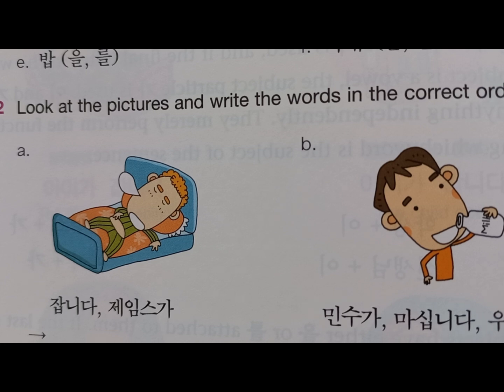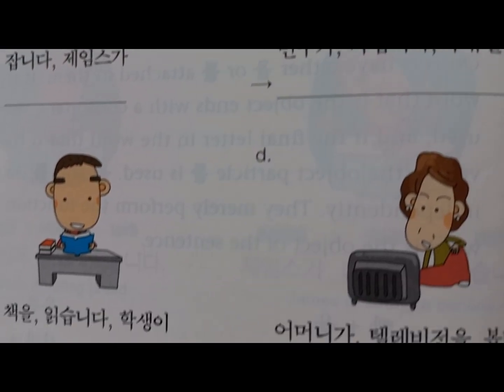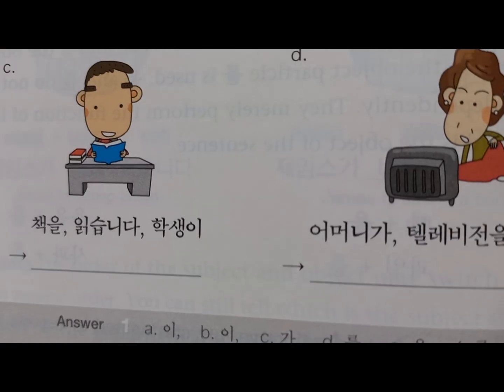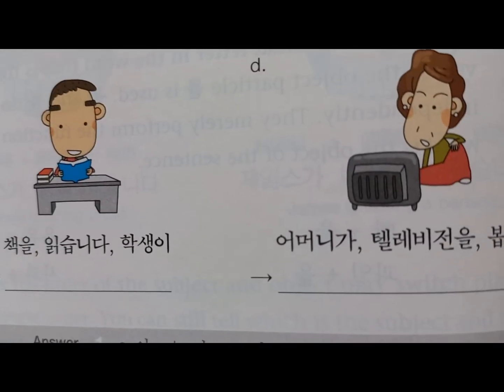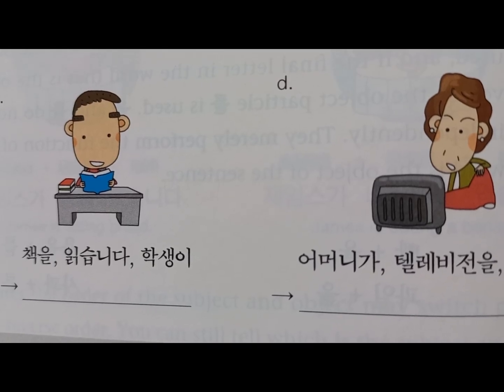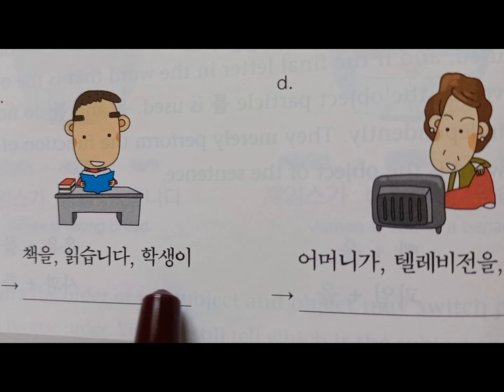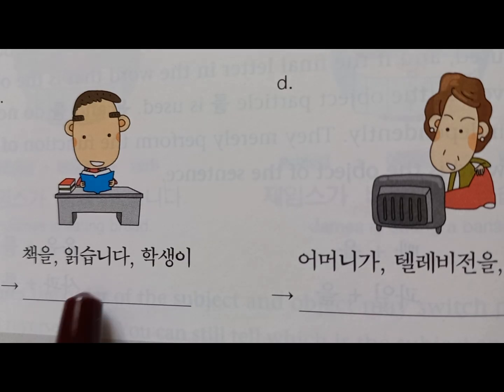Then, let's see. Okay, 책을, the book, 읽습니다. Read. 학생이 책을 읽습니다. The student reads the book. S-O-V.